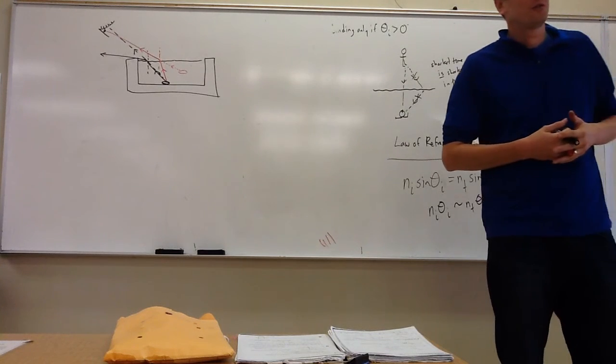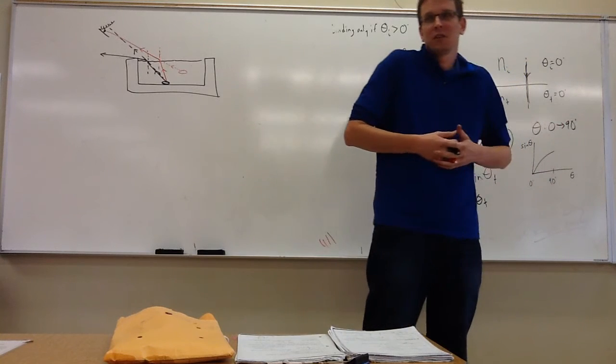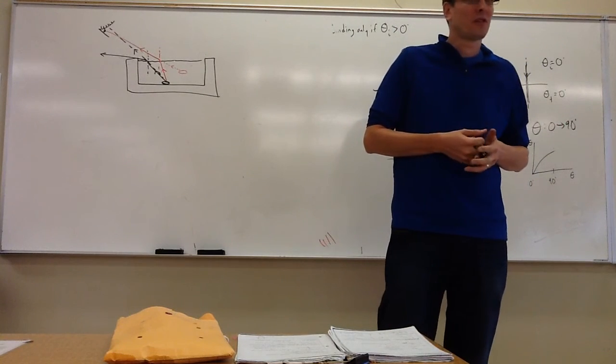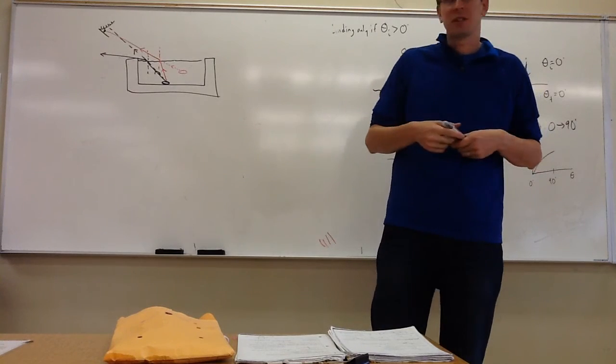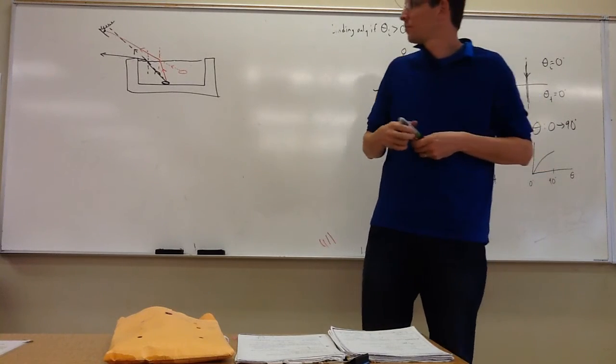And that would apply to not just that coin, but any coin, or even the bottom of the fountain itself. So it's going to make you think that this fountain is shallower than it really is. Okay?